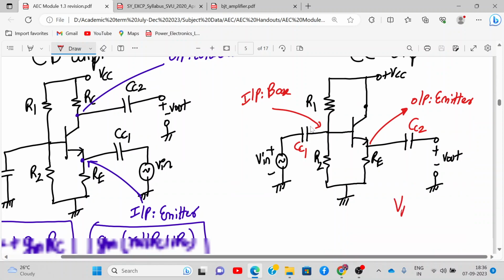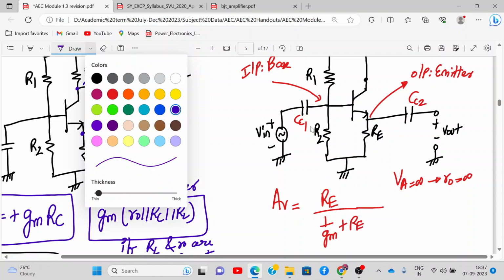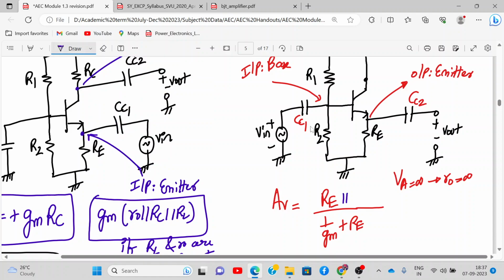Now here also, assuming that the early voltage is infinite, and so that ro is infinite, let's write down the formula for Av, the gain Av. So Av will be, please write down the formula, Re upon 1 upon gm plus Re. If a small ro is present, then what will be the formula?